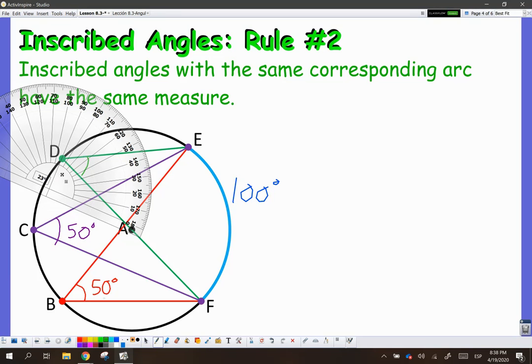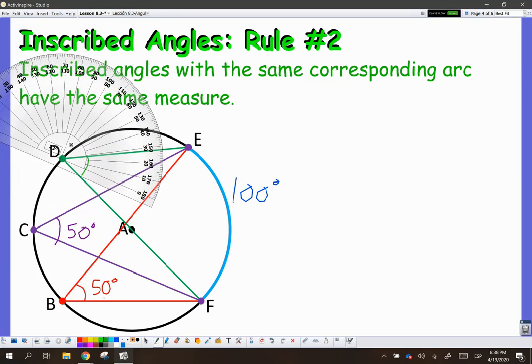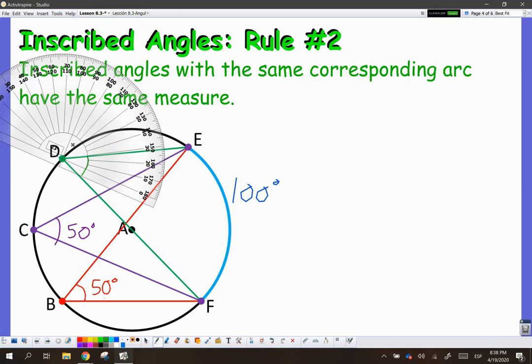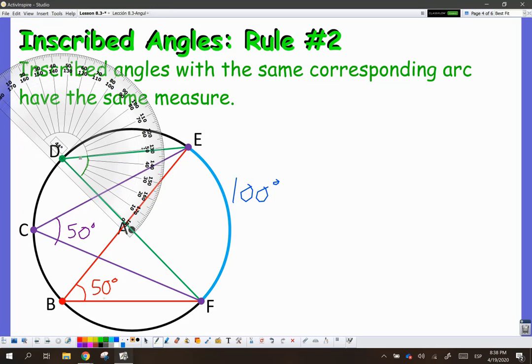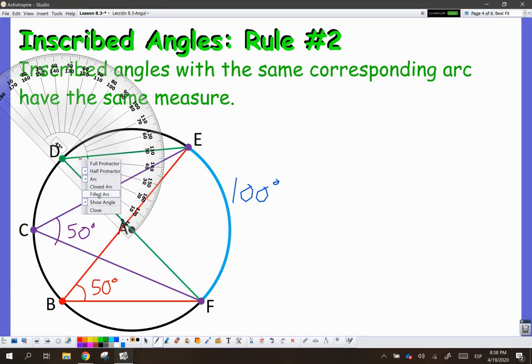And finally, we have our last angle up here, the green one. If I measure this angle, it is also 50 degrees. It's not perfectly on the line here, but there we go. Yep, 50 degrees. Perfect.